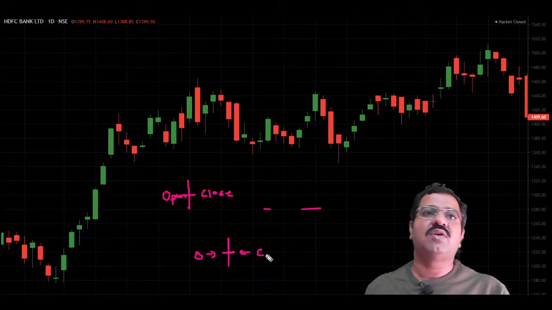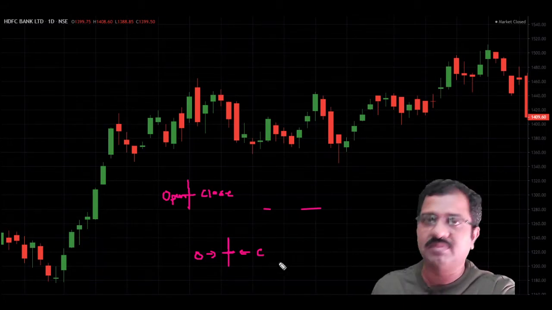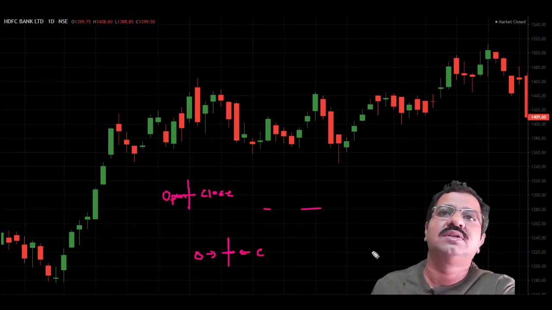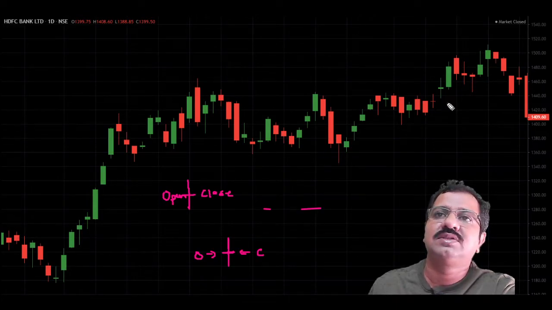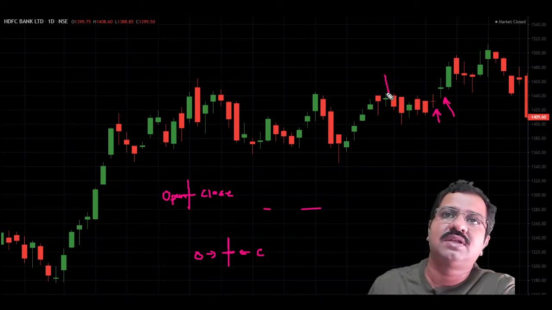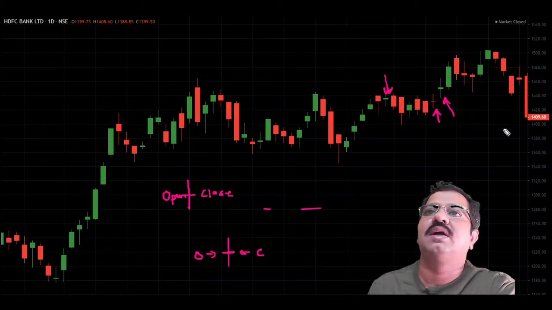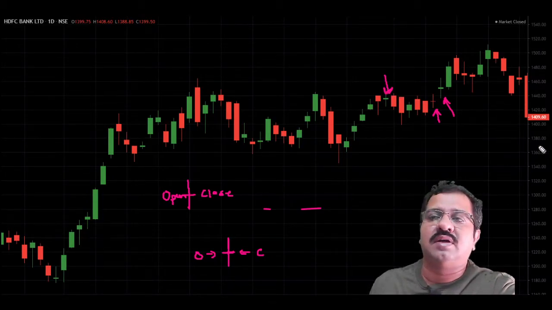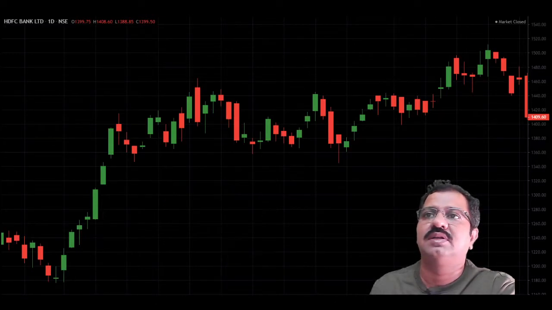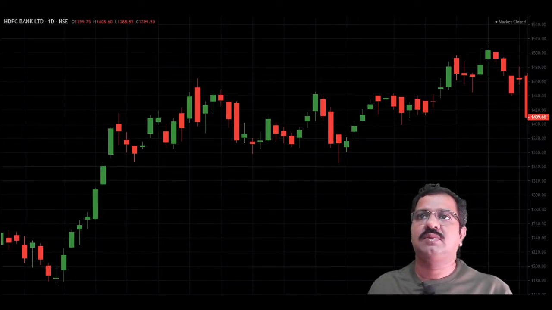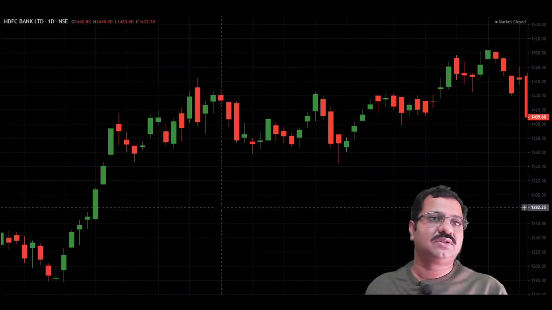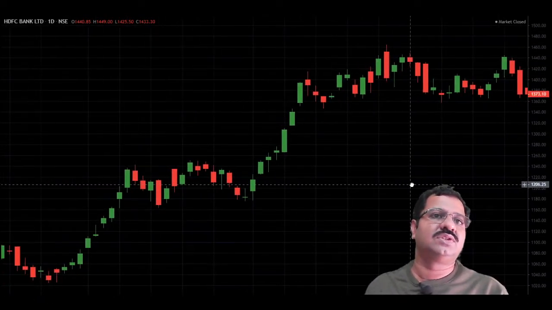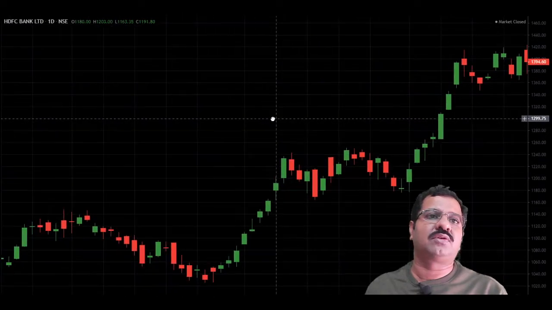Okay, so on chart we'll try to see some doji candles. See, this one is a doji candle, this is also a doji candle, this is also a doji candle, this one, this green. Now let me clear the screen. I will try to see the doji candles which are formed at top or bottom.